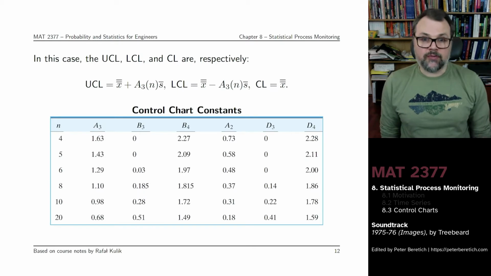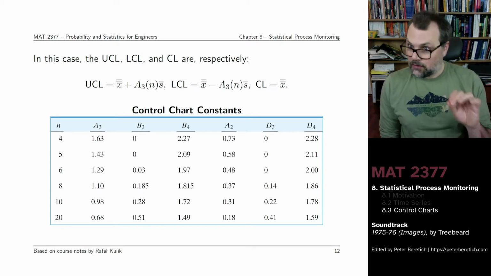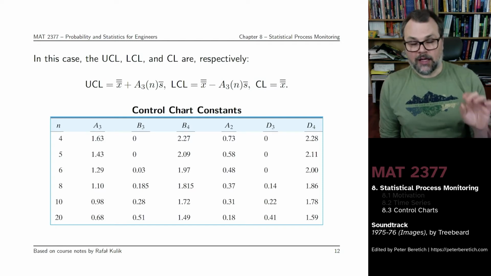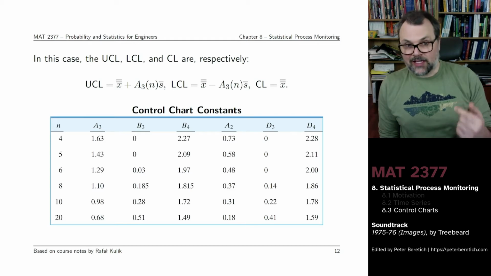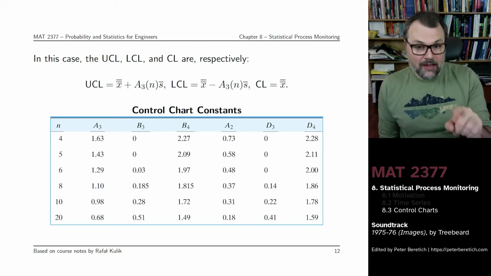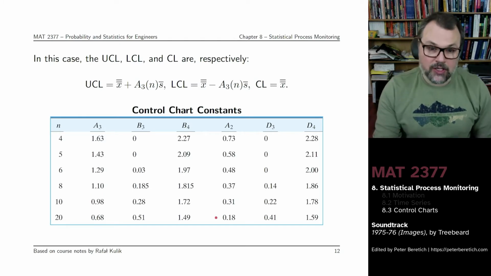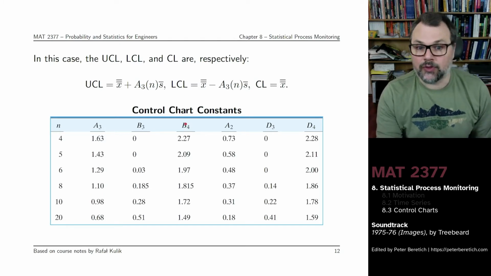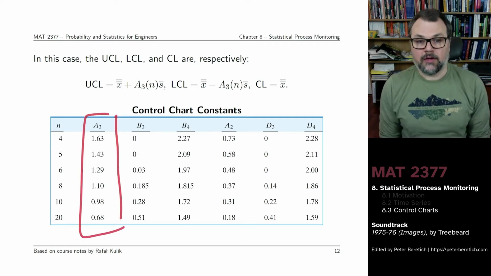Your upper control limit and your lower control limits would then be given, if you don't know the population mean and the population variance, by the grand mean of x, or x bar bar, which is something you compute from the data, plus A3n, which you can actually read from a table of control chart constants. So it would be in this column here, times the mean of the observed sample standard deviations.